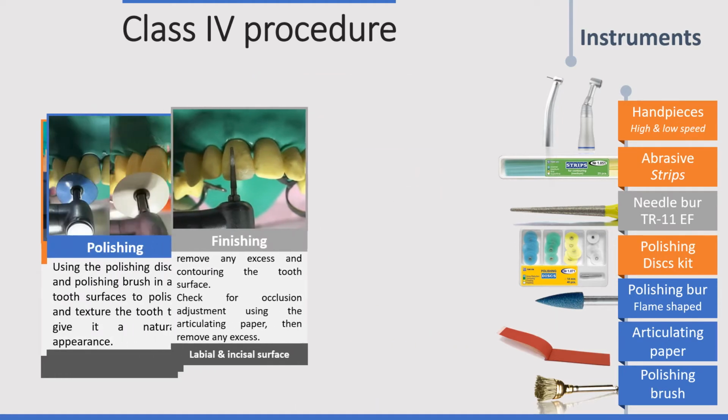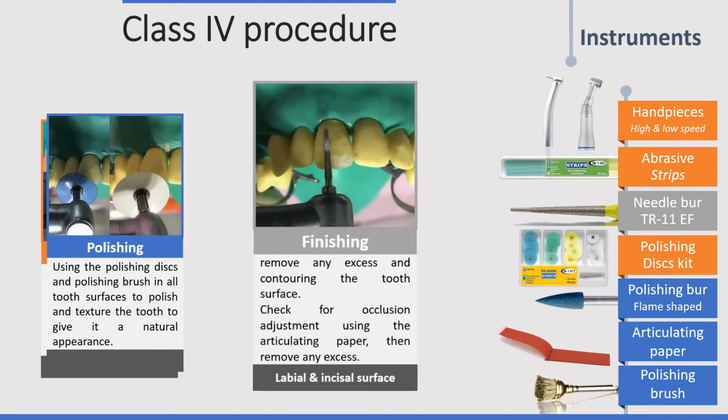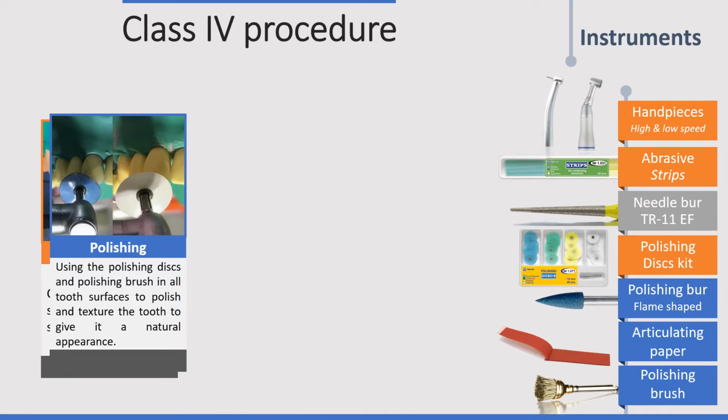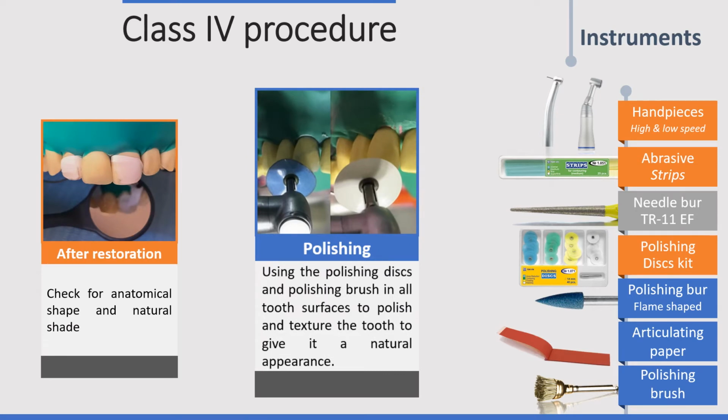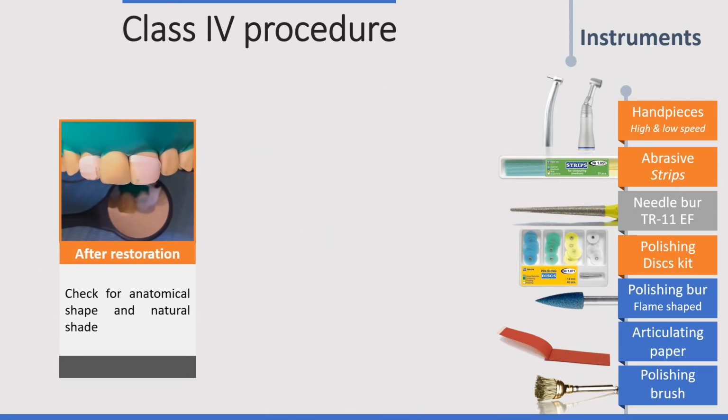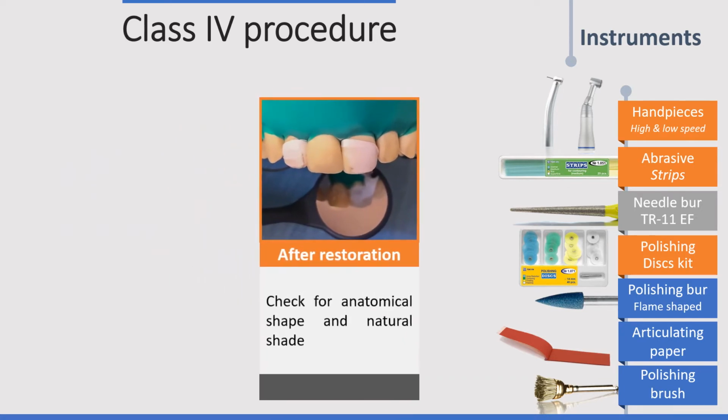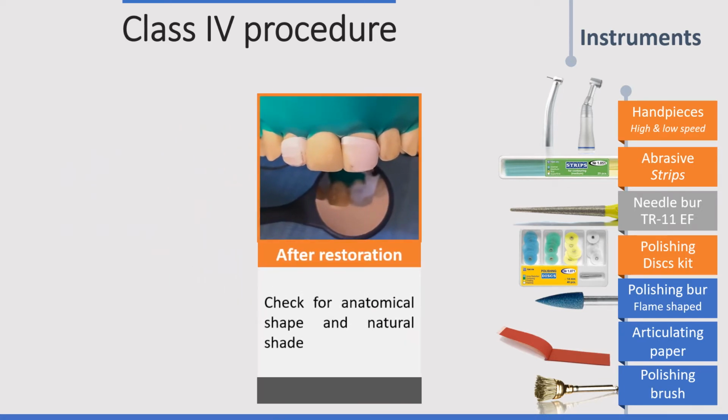Make the facial surface highly polished by removing any excess composite using the handpiece with finishing discs or burs. Make sure to check the occlusion using articulating paper, and whenever you find excess, spot it and remove it. Use the polishing discs and brush to smoothen the surface of the tooth and give it a natural appearance. Then a final check for anatomical form and natural shade is done.